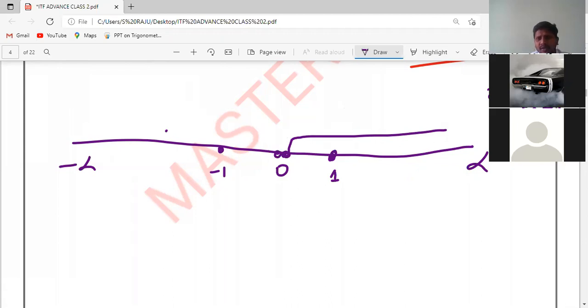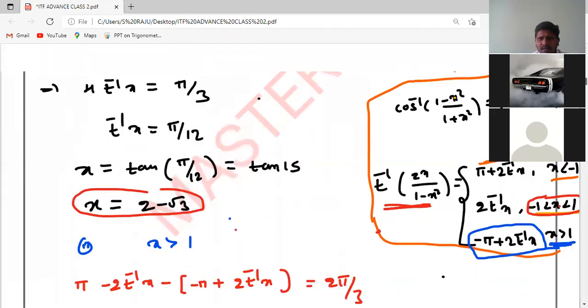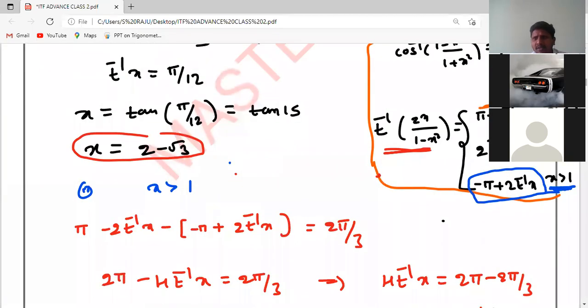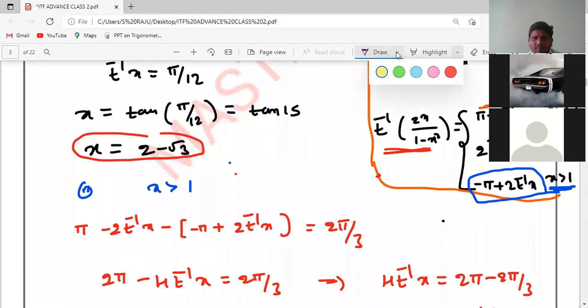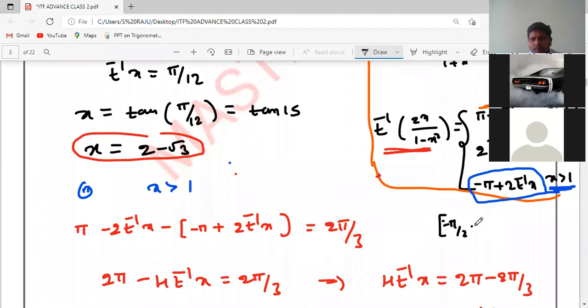Now if you see the graphical representation of tan inverse x, you get the restricted range. The principal value branch of tan inverse should be minus pi by 2 to plus pi by 2, an open interval, and it is the range of tan inverse for any x value.